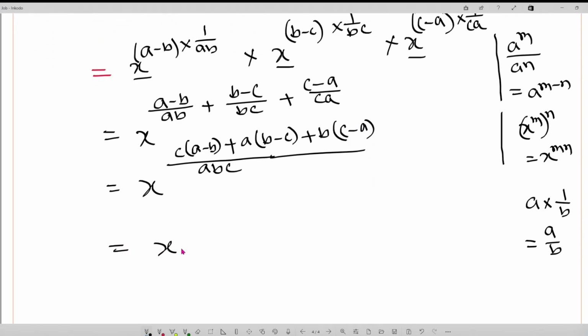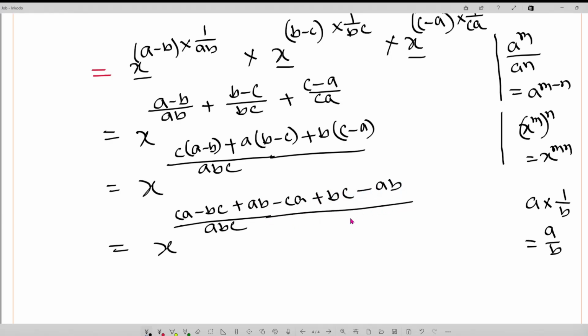Then here is x and here is abc. Once we multiply, it will be ca minus bc plus ab minus ca plus bc minus ab. Then look, this is plus ca and here is minus ca, this is minus bc and here is plus bc, this is plus ab and here is minus ab.